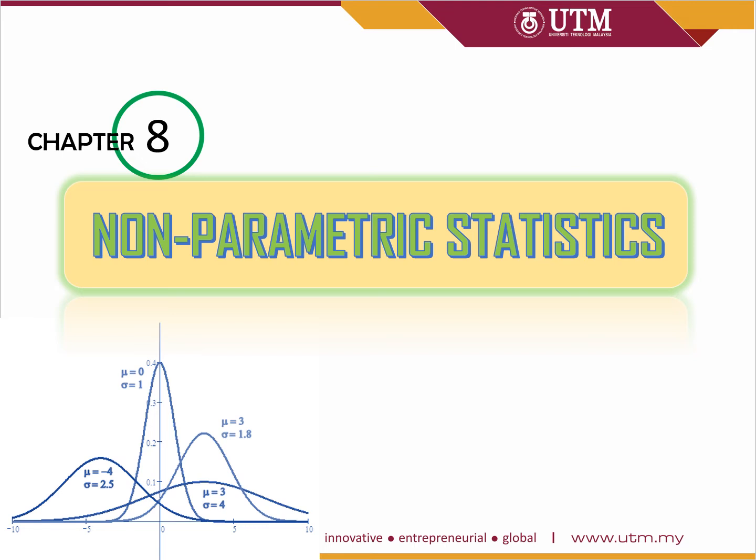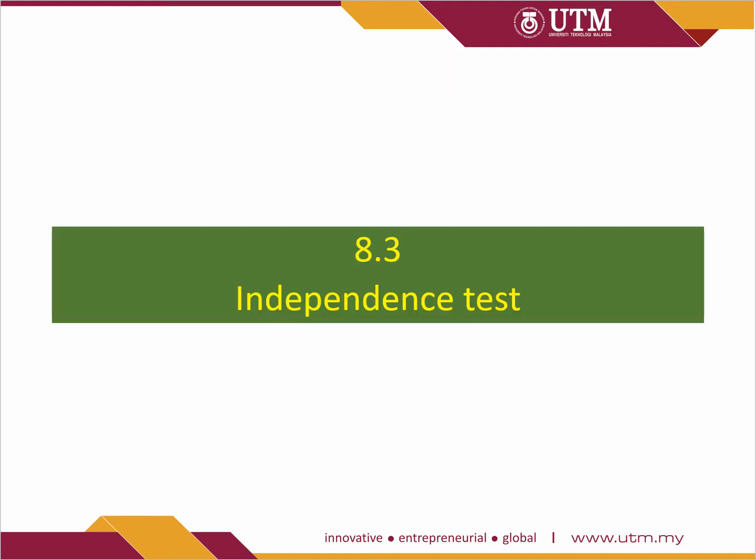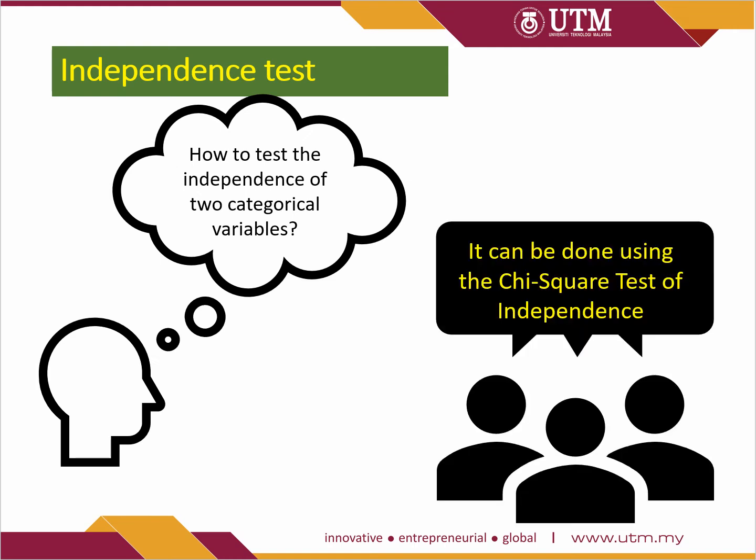In this video, we are going to proceed with the next topic outline, which is independence test. Independence tests are used to assess whether two factors are independent or not. Before this, the tables and problems that we used only involved one factor.